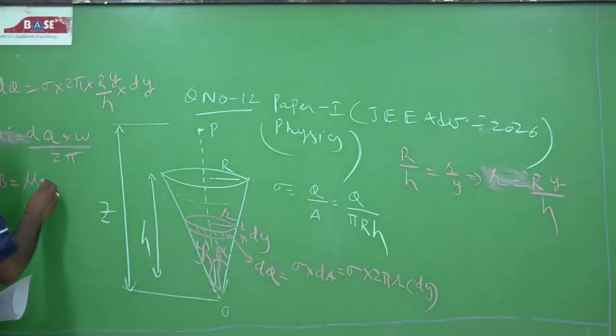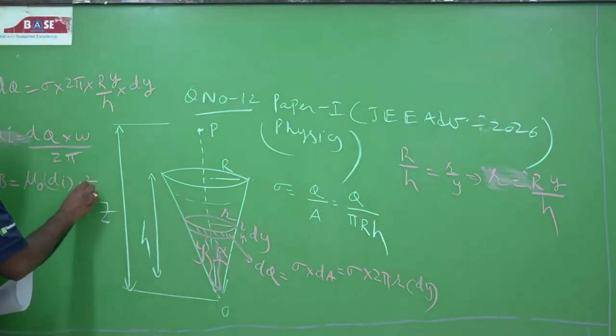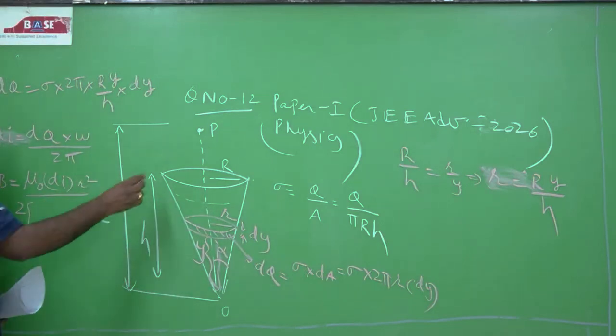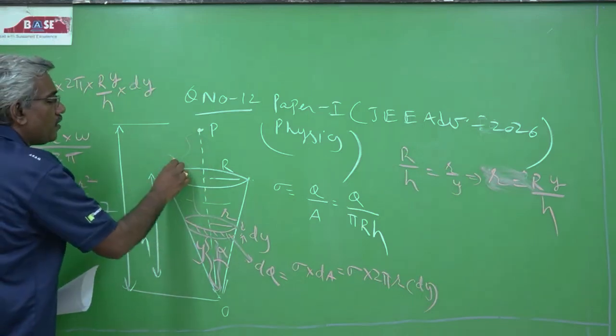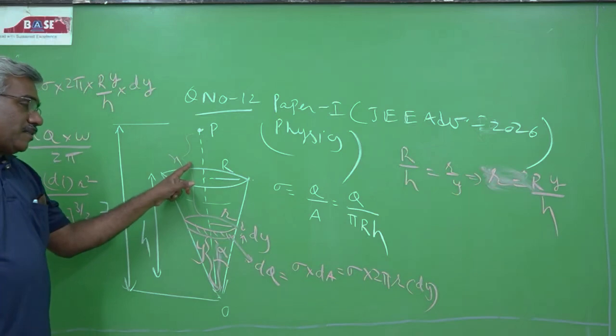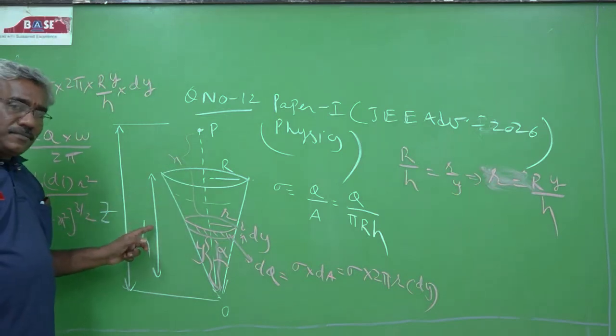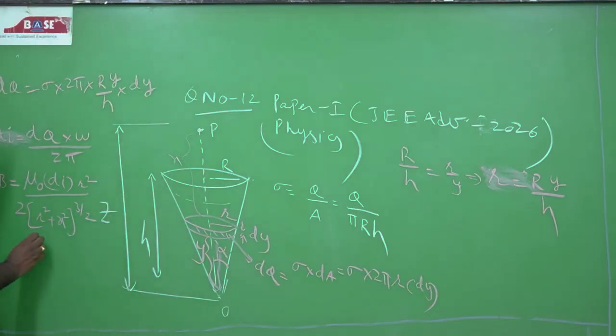Here x is equal to z minus h, and it is clearly given that z is far greater than h.